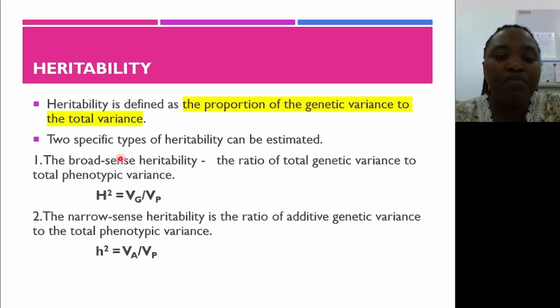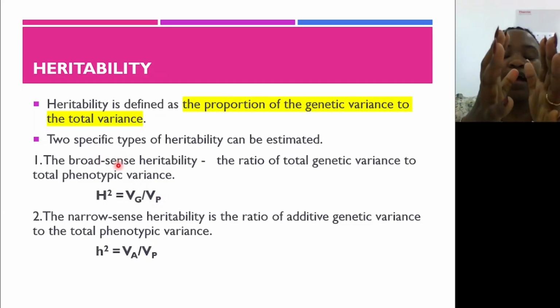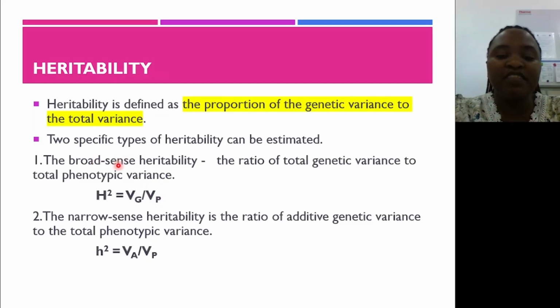The broad sense takes the total, because genetic variance can also be attributed to additive, dominance, and interaction variances. So broad sense means all these factors over the total phenotypic variance.